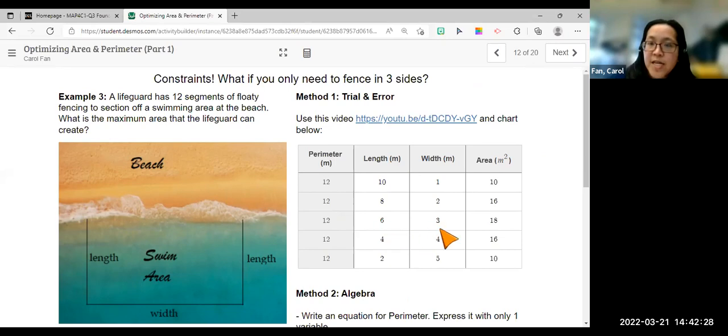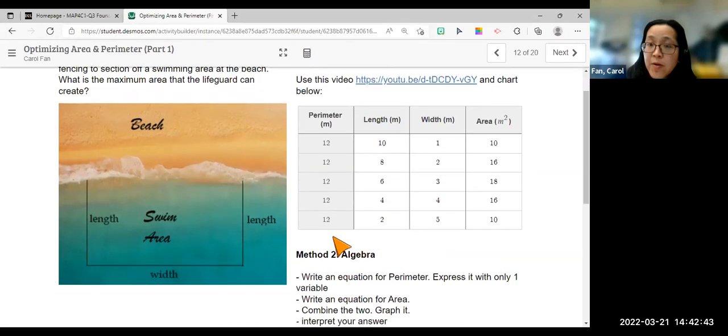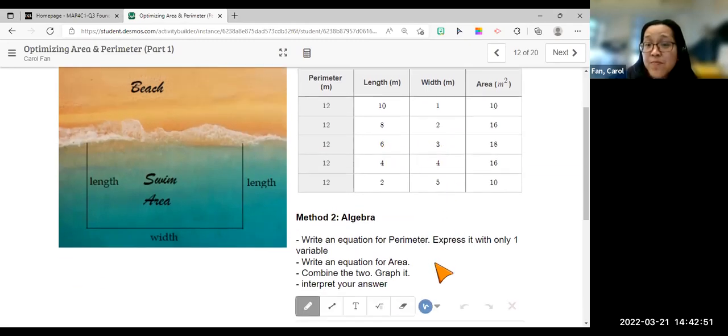A length of 6, a width of 3 gave us an area of 18. So when I'm only needing to fence in 3 sides, a square won't cut it anymore. We actually want a rectangle.